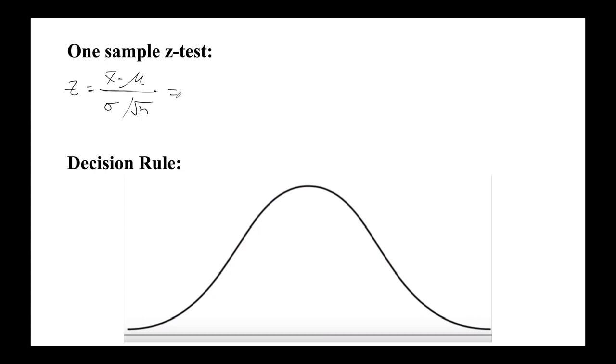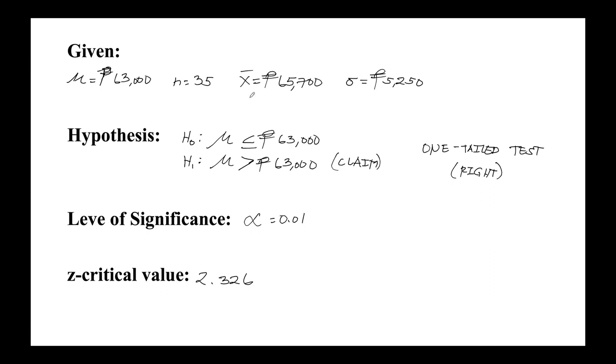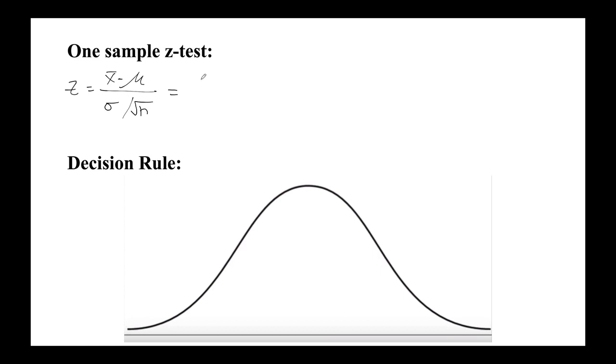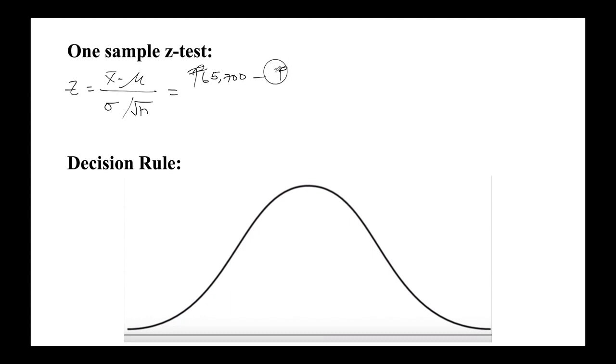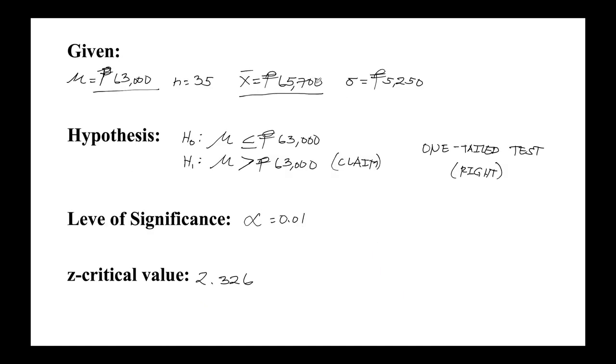So, let's write it here. The x bar value natin, which is 65,700, minus the mu, which is 63,000, over the population standard deviation, 5,250.